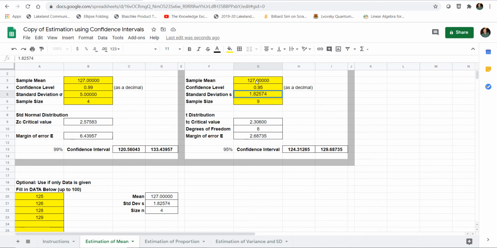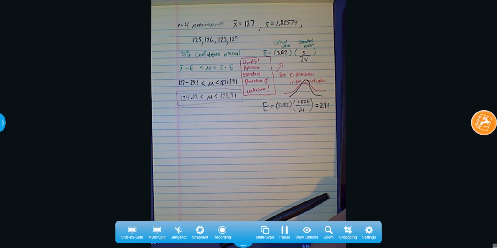Right, that's the standard deviation. And the sample size was 4. And sure enough, I'm getting that the confidence interval here was 124.1 to 129.91. And that's exactly what I computed using the formulas.